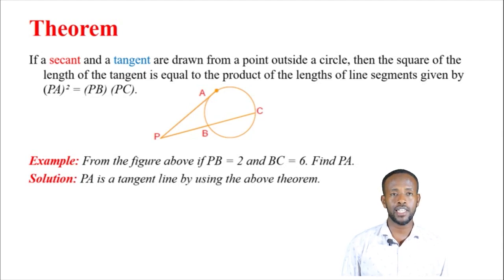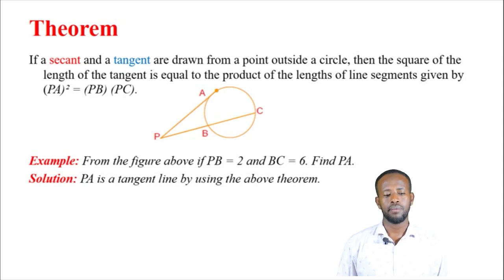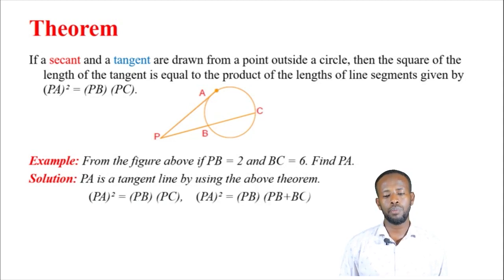By using the above theorem, we will say what? PA square is equal to PB times PC. PA square will be PB times PB plus PC, since PC is what? The whole secant line. Therefore, the whole secant line consists of 2 line segments, PB and BC.